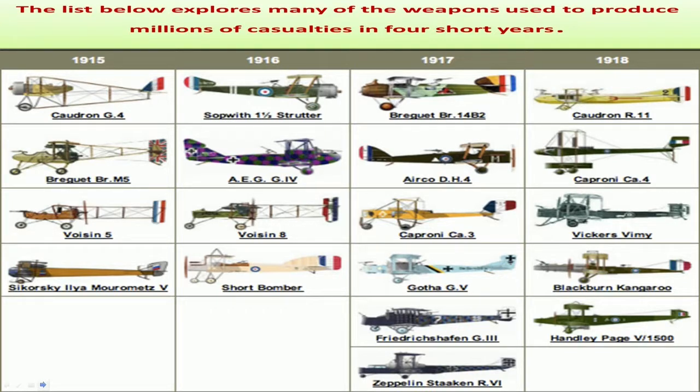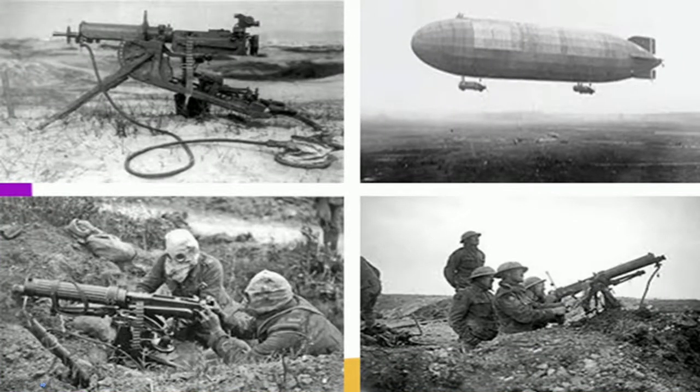In 1918, towards the end of the war, we have the advancement of even more dangerous weapons, or rather dangerous machines. These machines, you can see them, and they also caused millions of casualties in that period of time. Other machines you can see in action, the machines they were using in the war.